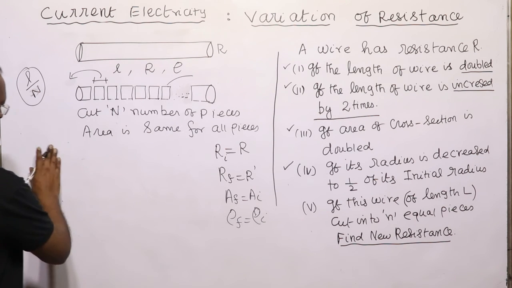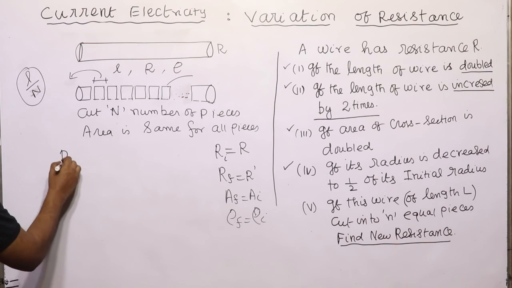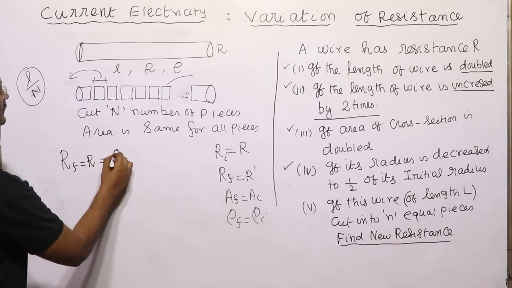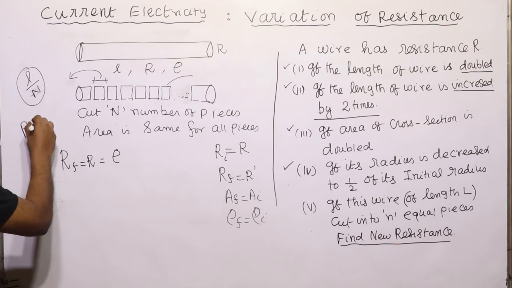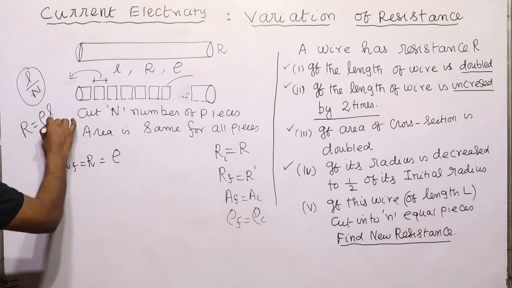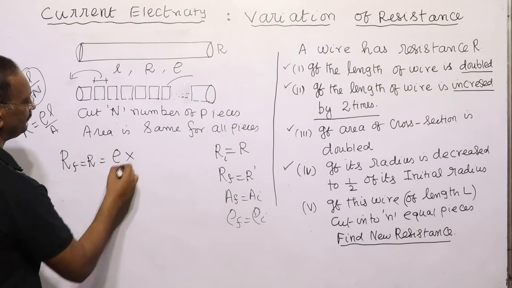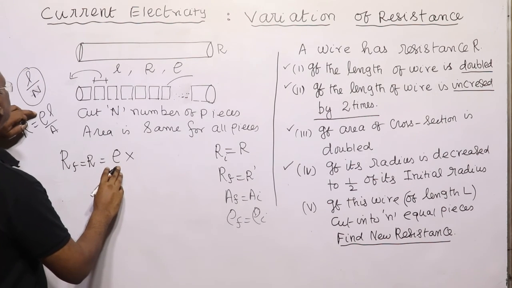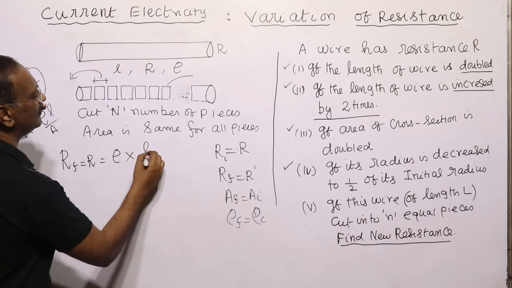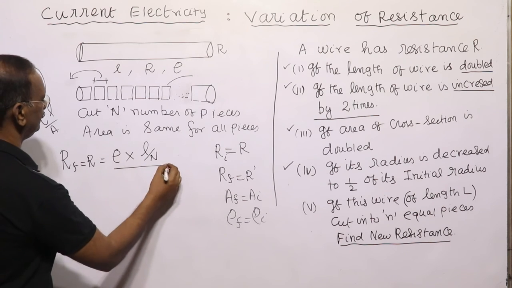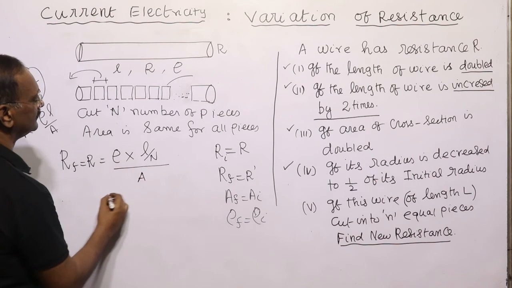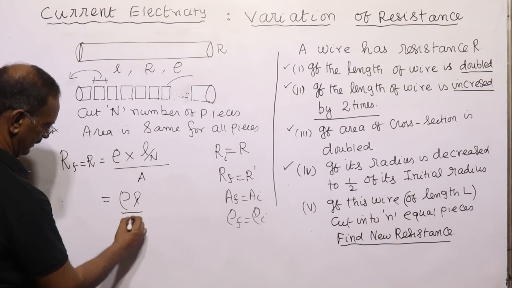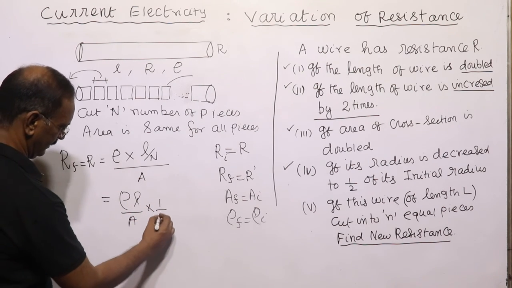does not vary. So I can say R final, R dash, is equal to rho times new length L by n divided by the area, which remains the same. That is equal to rho L by A into 1 by n.